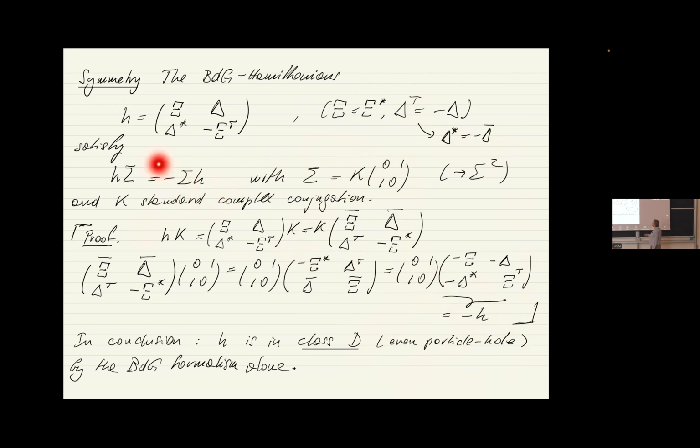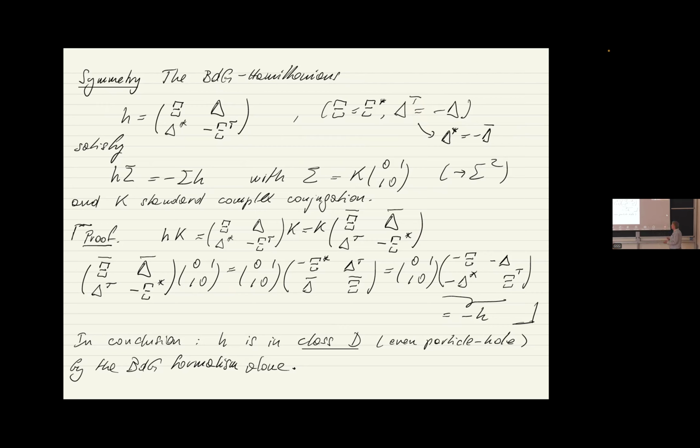So the conclusion to be drawn here is this. The H is the Bogoliubov-de Gennes Hamiltonian and in class D because it anti-commutes with an anti-unitary that squares to +1. And it is so by virtue of the BdG formalism alone, it is not the expression of a physical symmetry like time reversal that we had before.